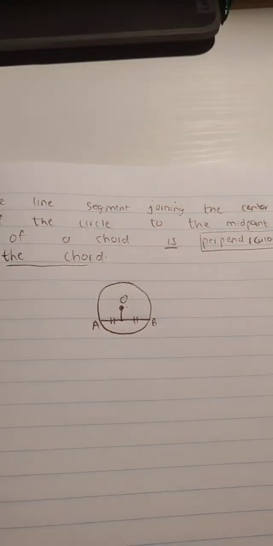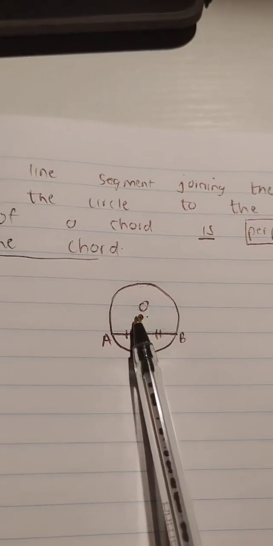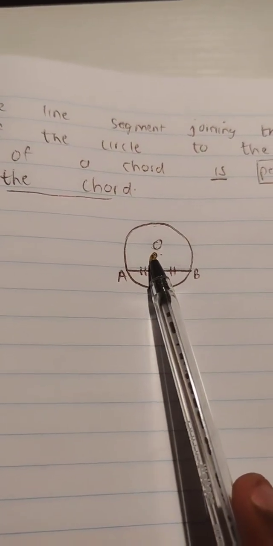What does it do? It is perpendicular to the chord. This theorem is obviously the reverse of the previous theorem statement. The line segment joining the center to the midpoint of a chord.